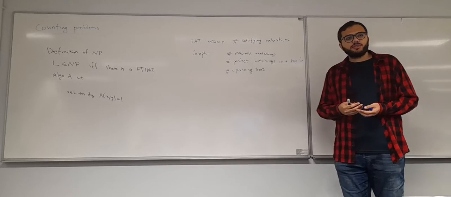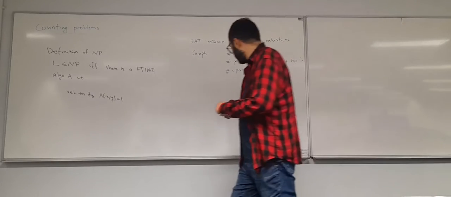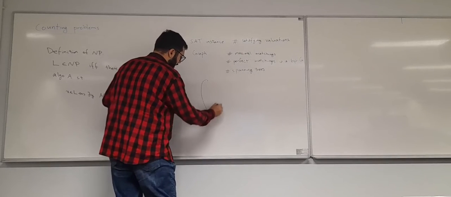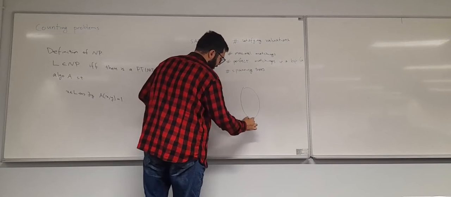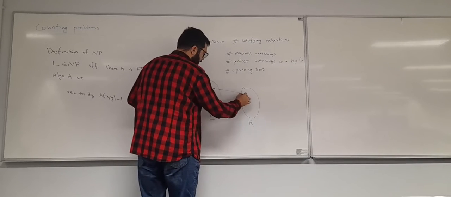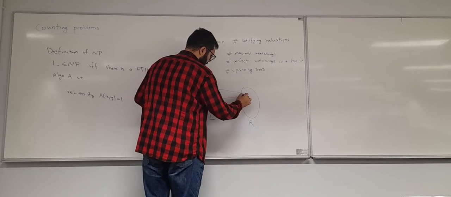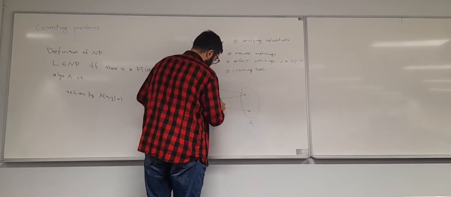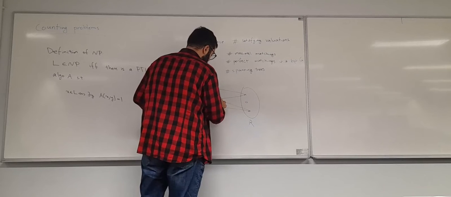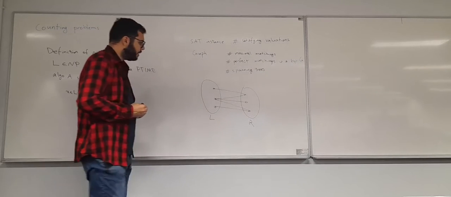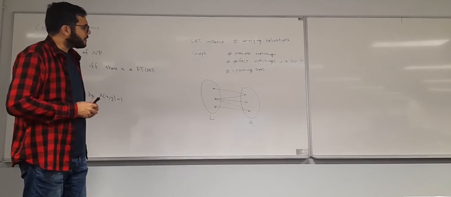If I just give you a bipartite graph, so let's say I have 2 parts in my graph. I have L here and I have R here. And there are a bunch of edges going from L. And let's say I ask you, does this graph have a perfect matching?